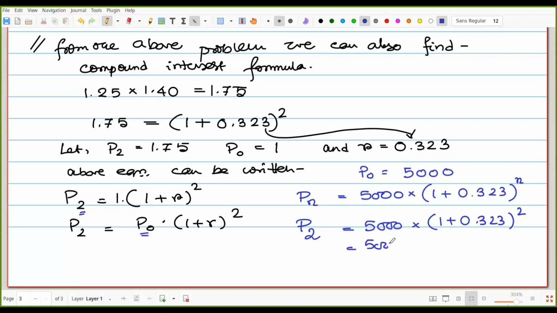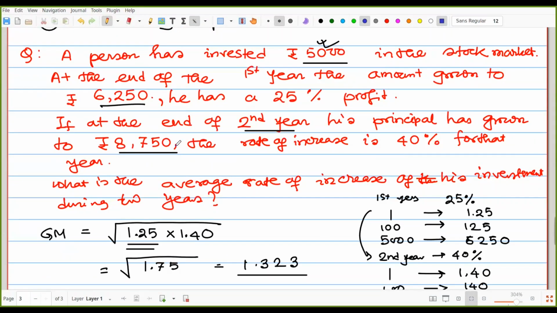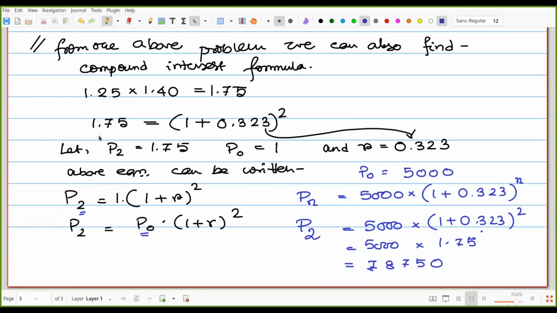That means 5,000 into 1.75, which is equal to rupees 8,750, whatever we have already discussed in the problem. So that is our compound interest formula. That means Pn is equal to P0 into 1 plus R whole to the power n. After that, we would proceed with another thing.